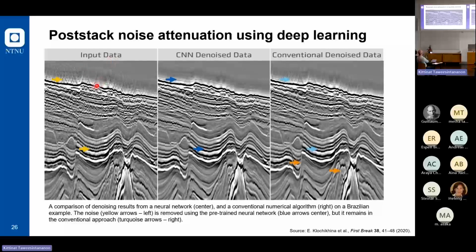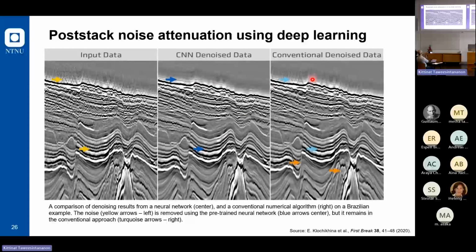It's not the real seismic and not the real geologic structure. So they trained a convolutional neural network with the data, and then denoised the data using that network and got a good result.